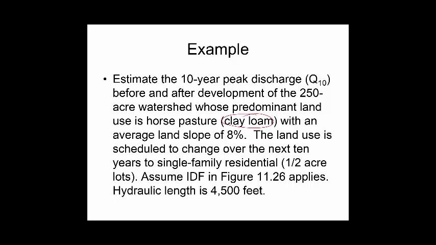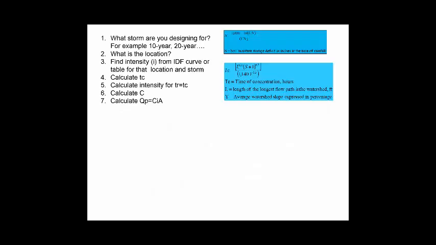The land use is scheduled to change over the next 10 years to single-family residential with half-acre lots. We'll assume an IDF. Remember, IDF is intensity, depth, frequency. That was provided, and the hydraulic length for that watershed is 4,500 feet.